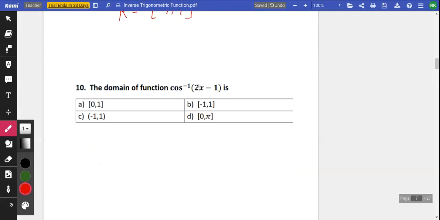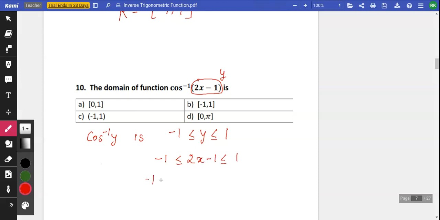Domain of cos inverse of 2x minus 1. Same, suppose this term as y. Domain of cos inverse y is minus 1 to 1. Put the value of y, it becomes minus 1 less than or equal to 2x minus 1 less than or equal to 1.